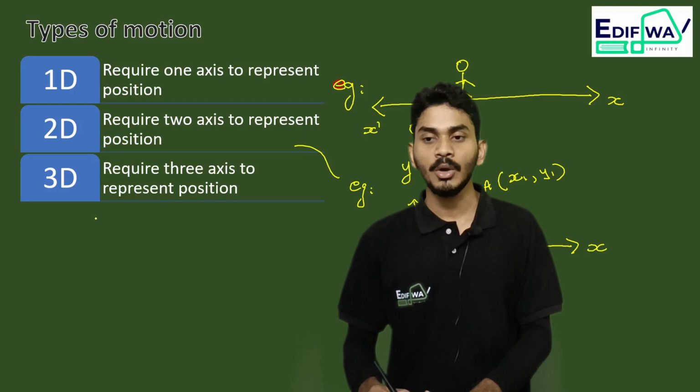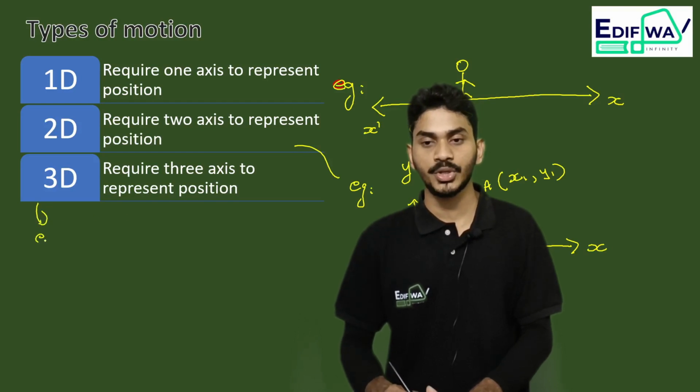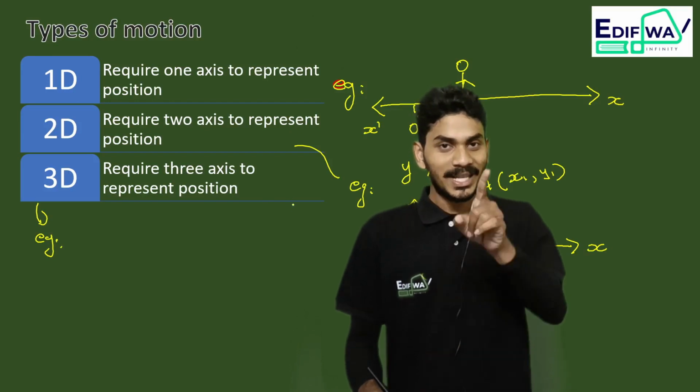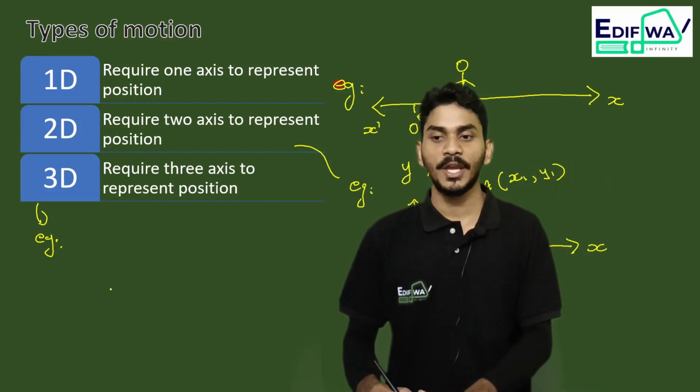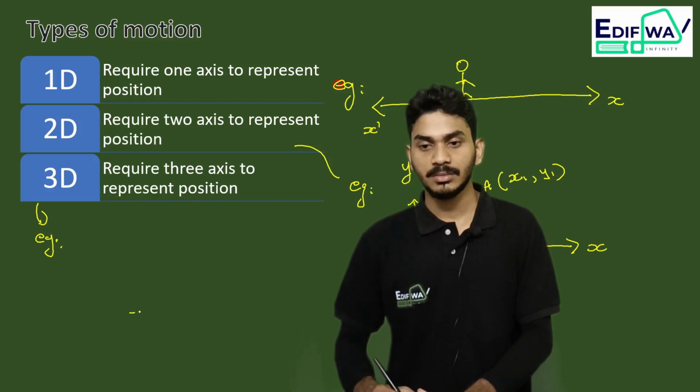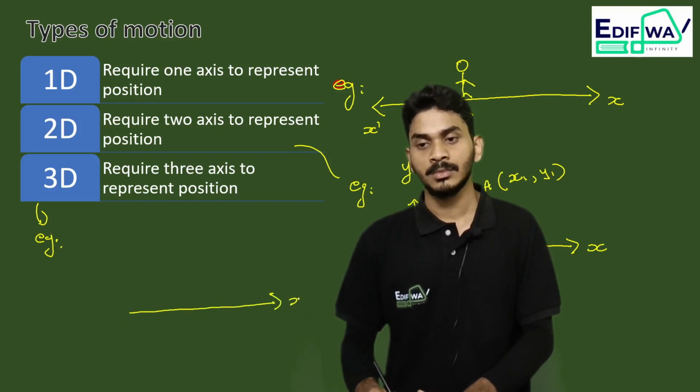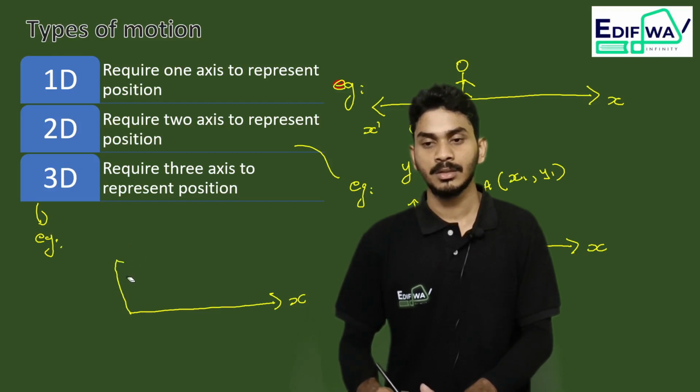Okay, now I will give you an example for 3 dimensional motion. What are the coordinates? As you think, it will be x-axis, y-axis and z-axis. Okay, so let's mark. This is our x-axis.